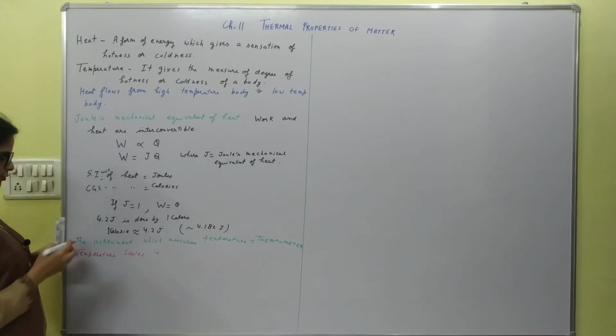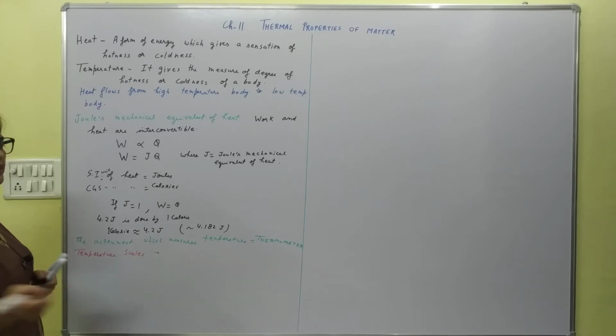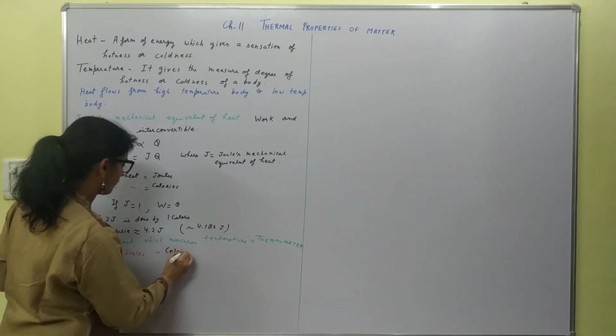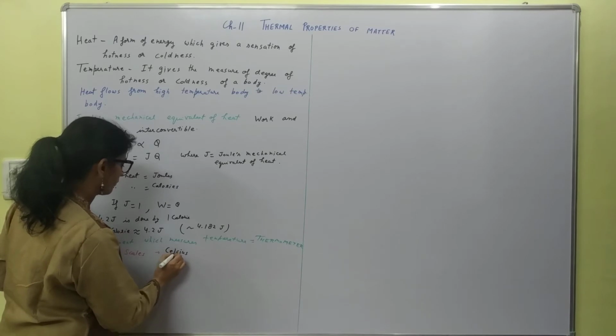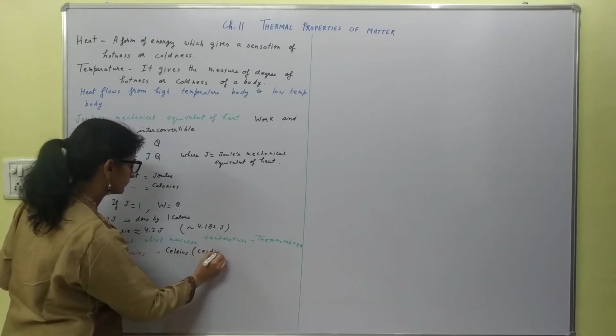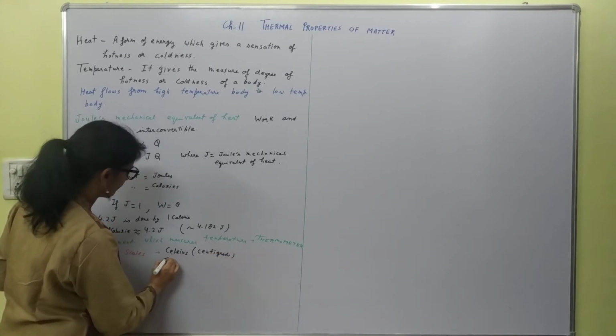The ones which we have to discuss are Celsius scale, which is also called centigrade scale. Then we have Fahrenheit.